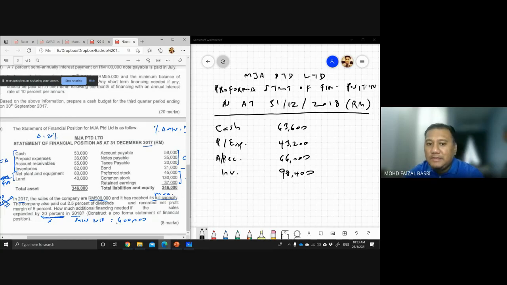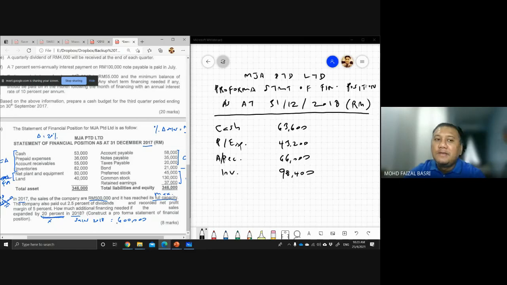So what does capacity mean? It indicates that their fixed assets are already fully utilized. So kalau kita nak increase the production, they don't have enough capacity anymore because dia dah memang full or maximum capacity.